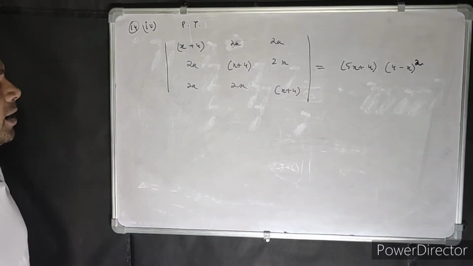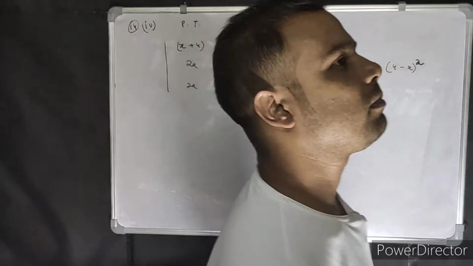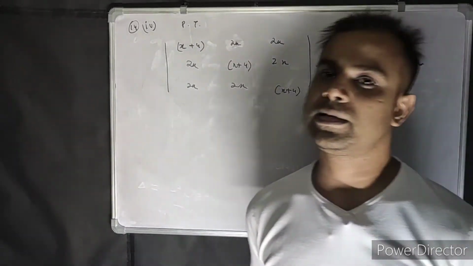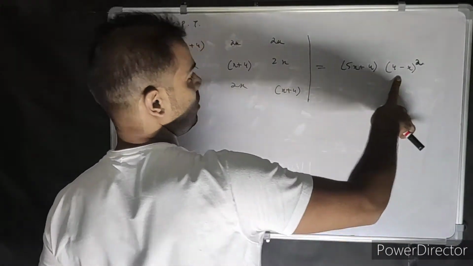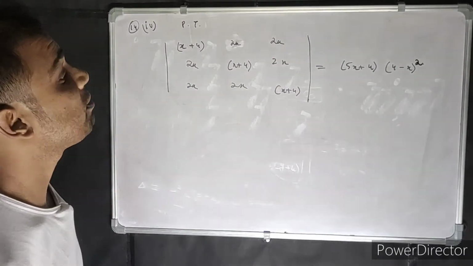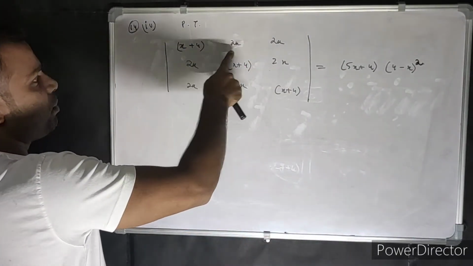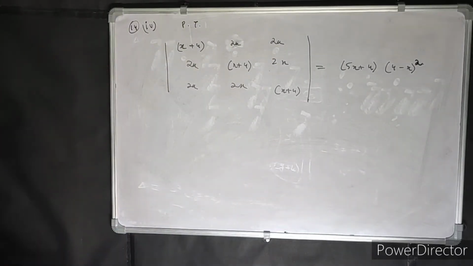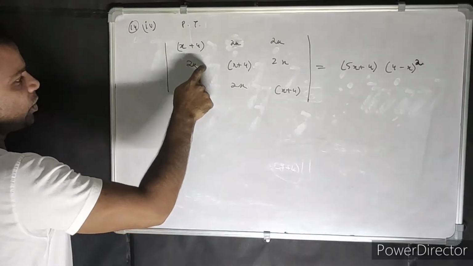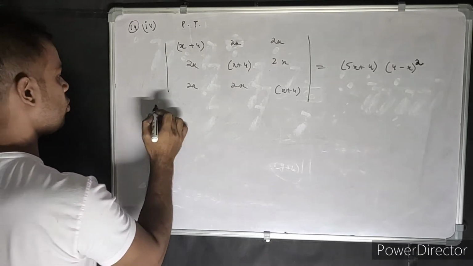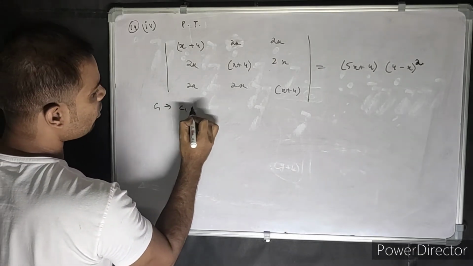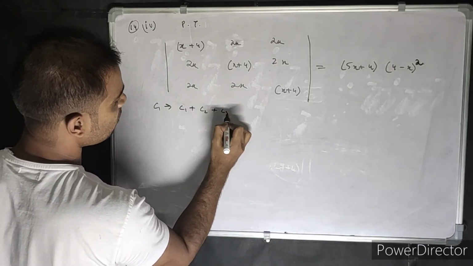Now start. Don't wait for me. Look at your RHS, this part of your RHS, 5x plus 4. So x plus 2x plus 3x, 5x. I'm going to do column 1 tends to column 1 plus column 2 plus column 3.